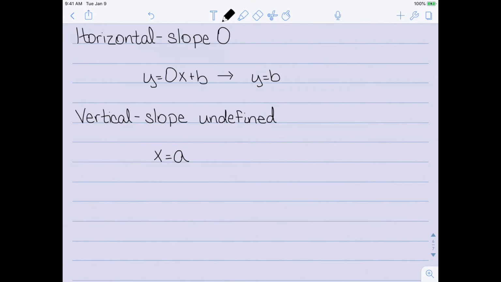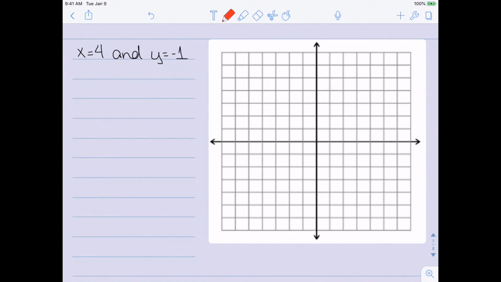So let's look at an example. I want to look at the graphs of x equal to 4 and y equal to negative 1. I'm going to start with y equal to negative 1. We know this has slope 0, so that means it's going to be a horizontal line. However, we can think of it another way too. We know that y is negative 1, so that happens right here at this point, as well as at this point, and this point, and this point, and over here, and we can start to see my horizontal line.